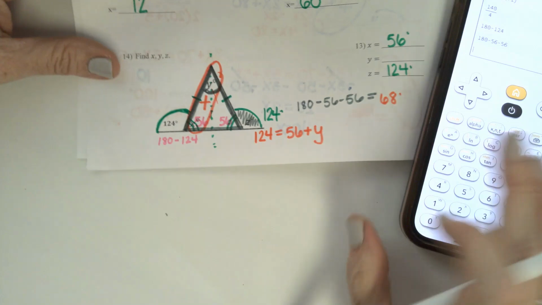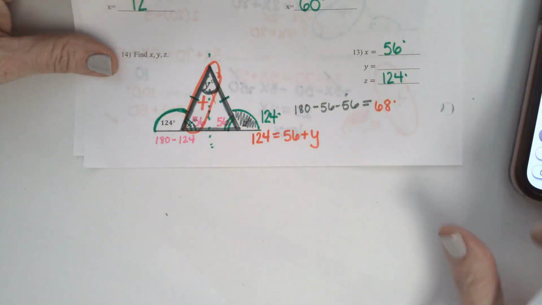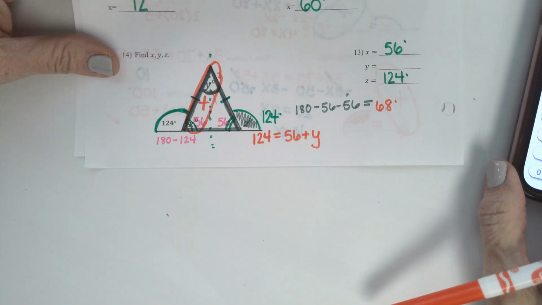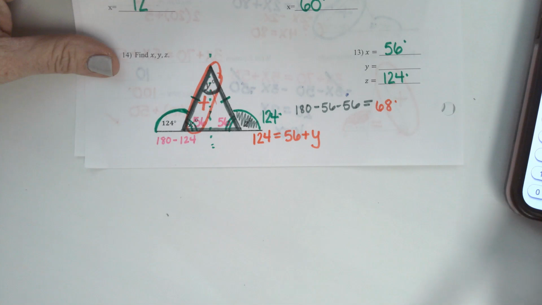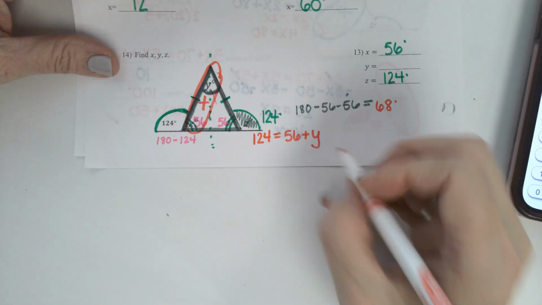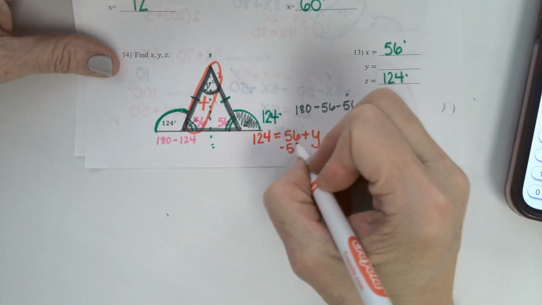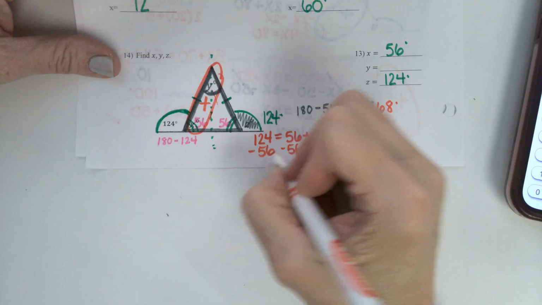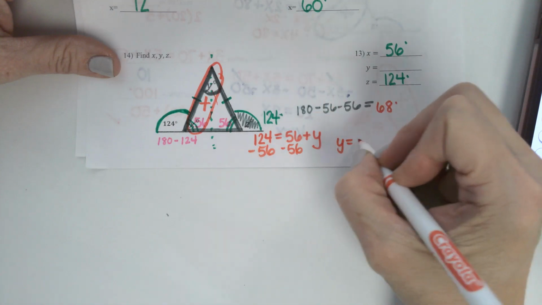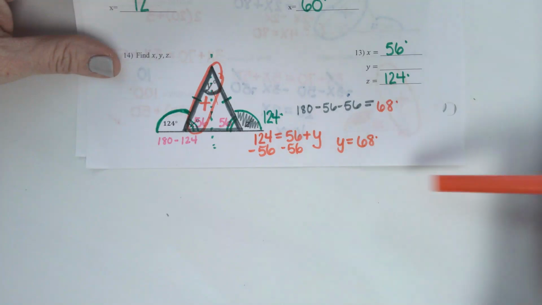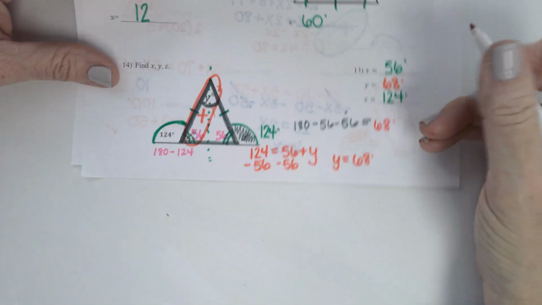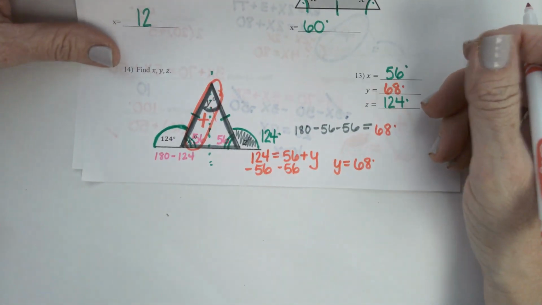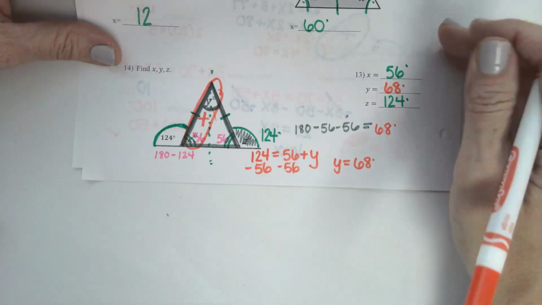If you do 124 and you take away 56, you still get 68 degrees. Either way you work it. So there are multiple ways to solve some of these. I encourage you to use the easiest way.